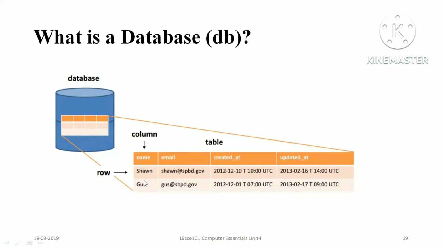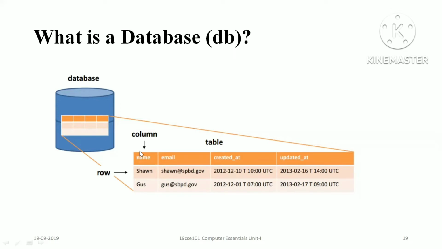That is their name, email, created at, updated at. Each type of information is presented in a vertical position. This is in vertical position, which is known as column. This is column, I have shown it here.